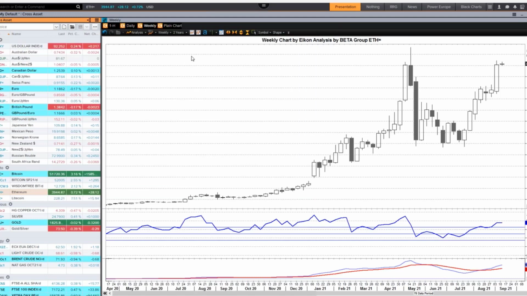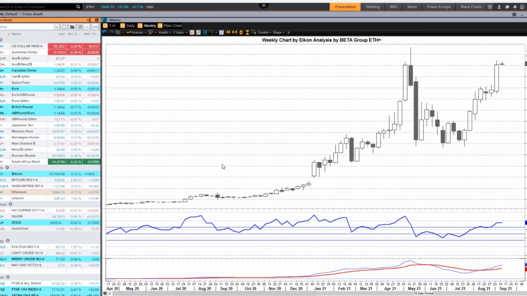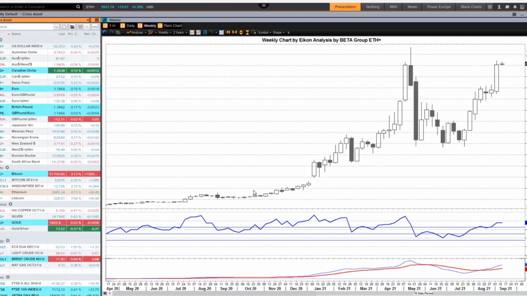So here it is on the weekly chart, and look how this has powered ahead, made its break, and then we've got a strong move here. But the good thing about this one is we had a good clue it was going to be the strongest one, because it was the one that fell the least.